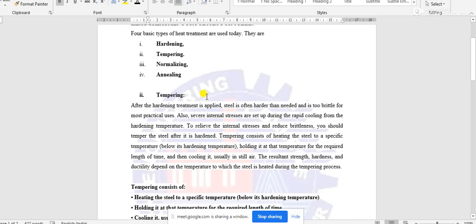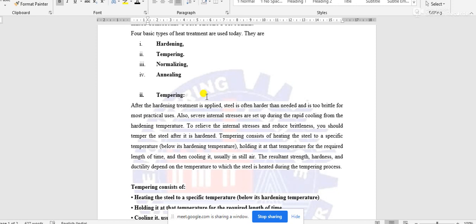The tempering process is applied after the hardening process when some extra hardened steel is produced. That is, when the imparted hardness on the steel is greater than the desirable hardness, then we have to apply tempering to soften the steel, or to make it less hardened.